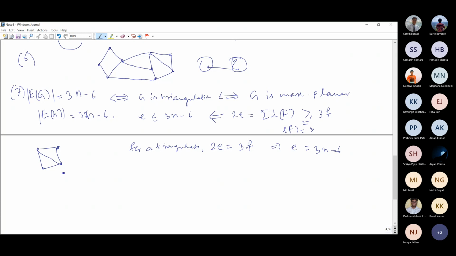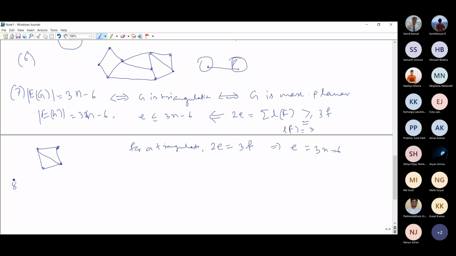So therefore, in a maximal planar graph, also the length of every face will be equal to 3. This is how you argue. So these three statements are equivalent. Think about this. I have just told you the outline of the proof.